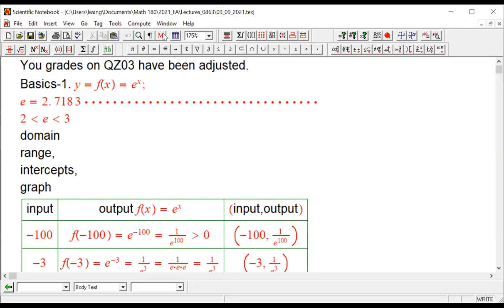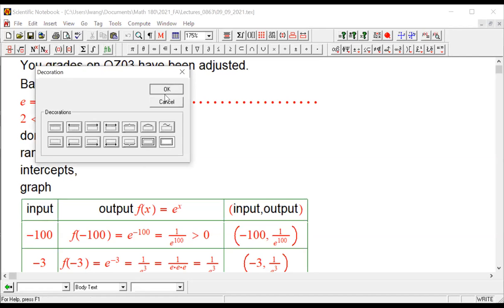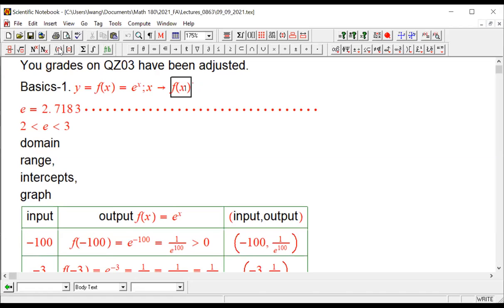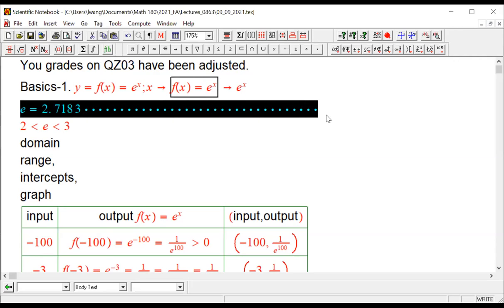Instead of being 2 to the power x, which we did yesterday, we change the base to e. And what is e? e is a number between 2 and 3.